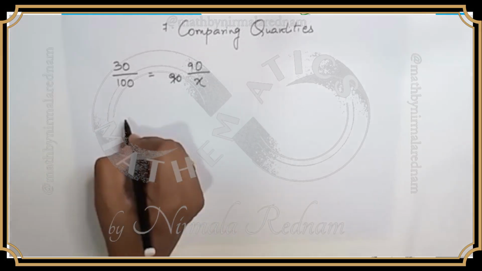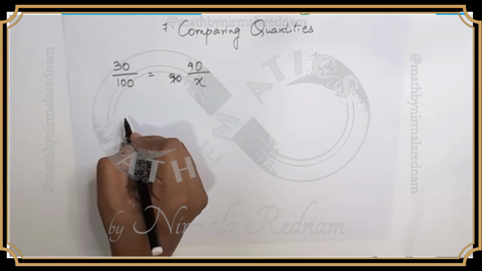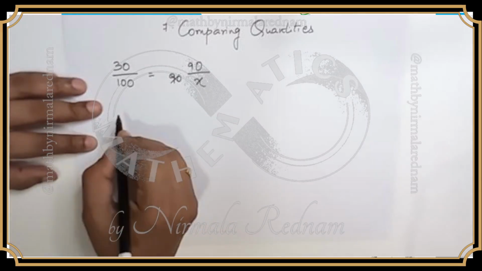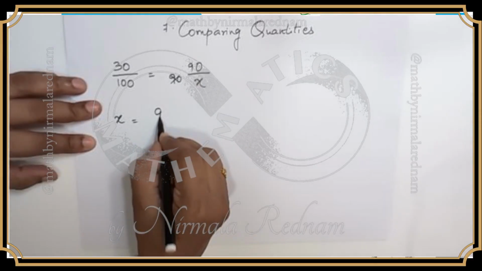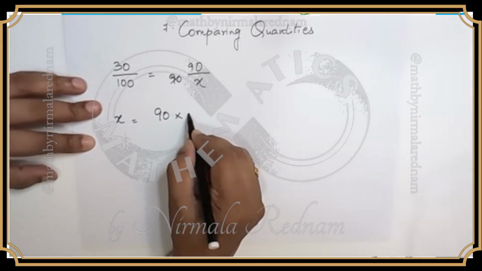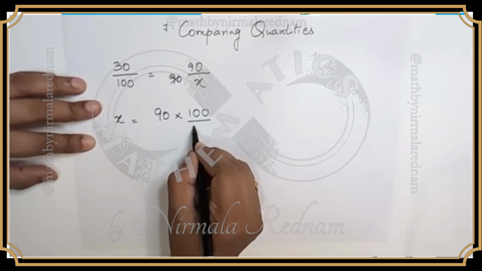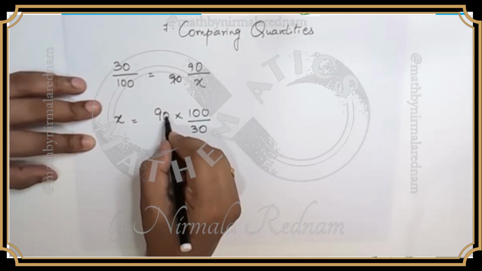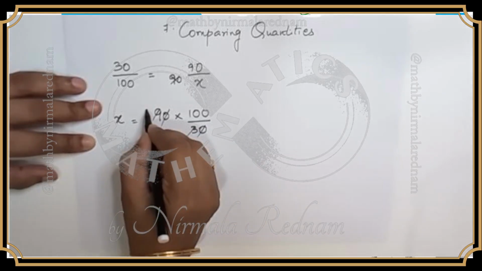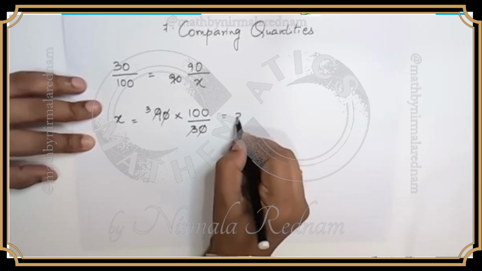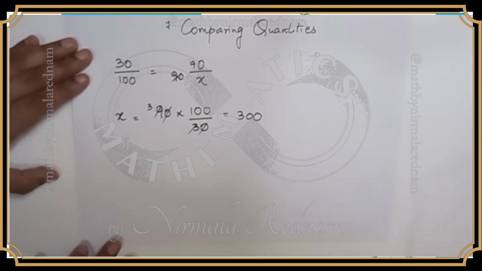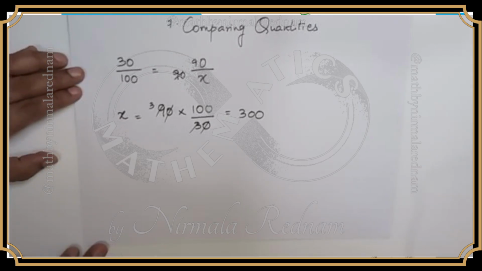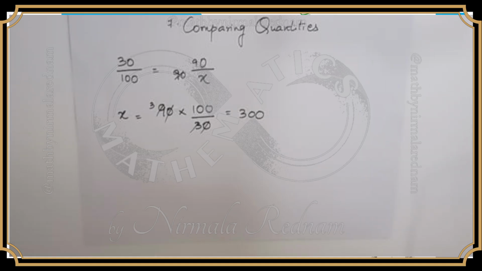So now from this, you can find the value of the total number of parents, right? If I cross multiply, I'm going to get 90 into 100 by 30. This is going to give me the answer as 300. So the total number of parents that were surveyed is 300. So that is your first question.